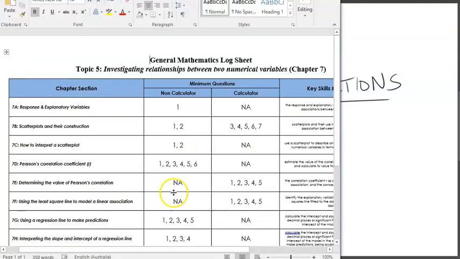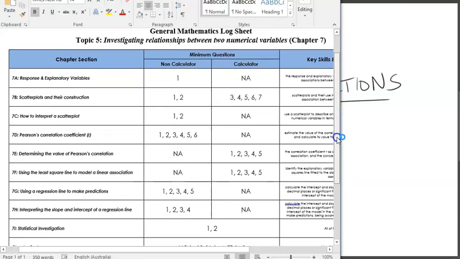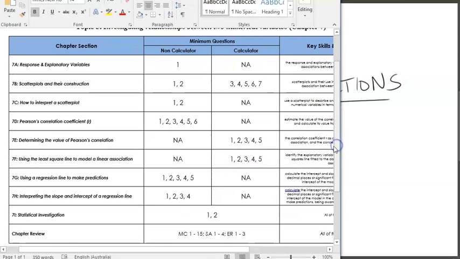The questions that you need to do for this exercise is exercise 7H, interpreting the slope and intercept of a regression line, which is 1, 2, 3, and 4. You'll also notice that 7I, the statistical investigation, which is question 1 and 2, this right here is just a summary of everything that has been looked into from 7A to 7H.